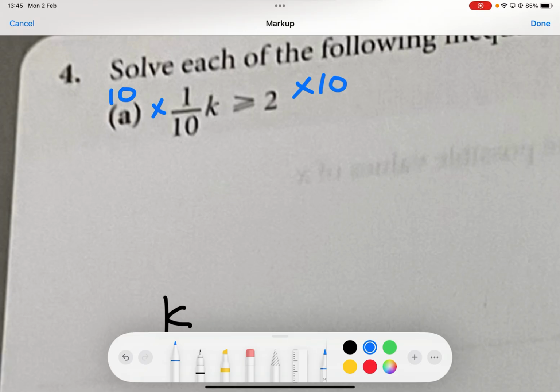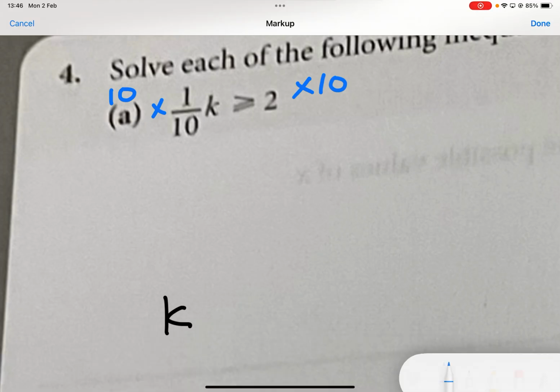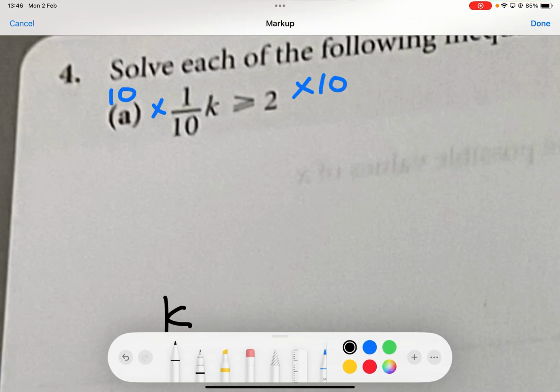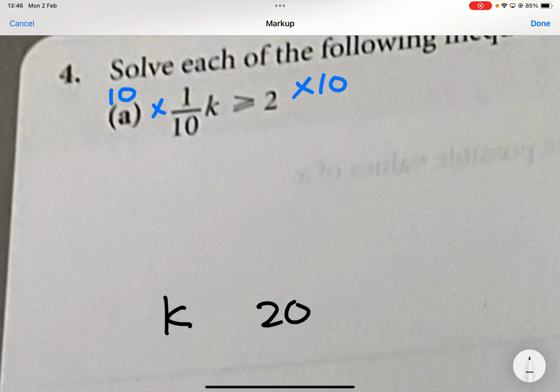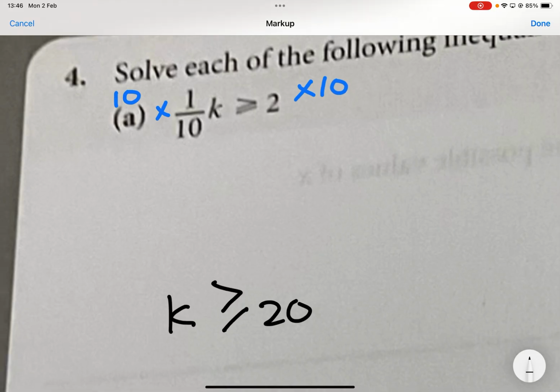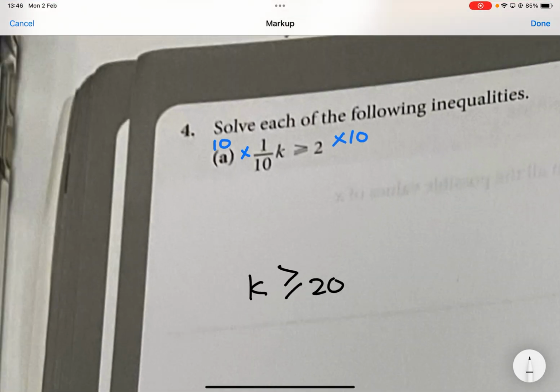Then I will have k. Then my right hand side become 20. I multiply a positive number, so I don't need to change sign. So it is still larger or equals to. So if you know your equation, you have no problem solving inequality.